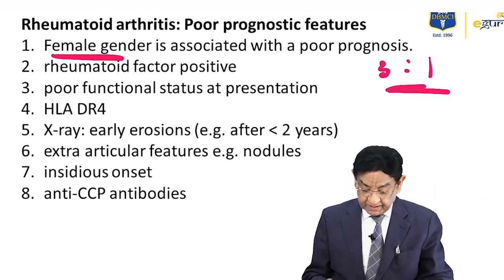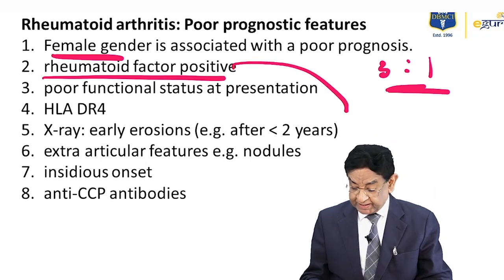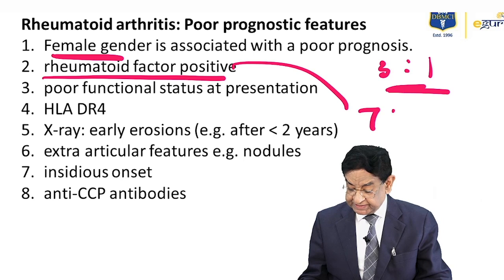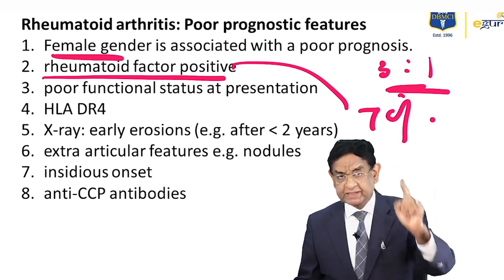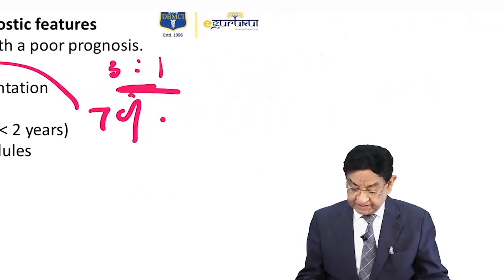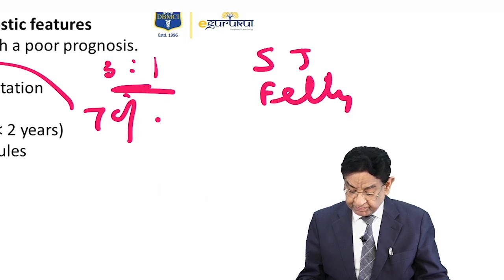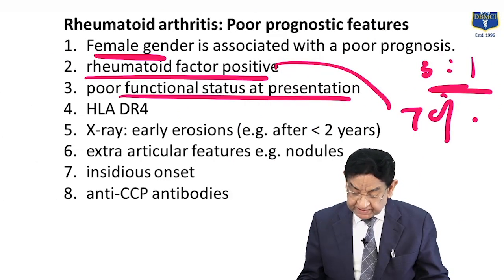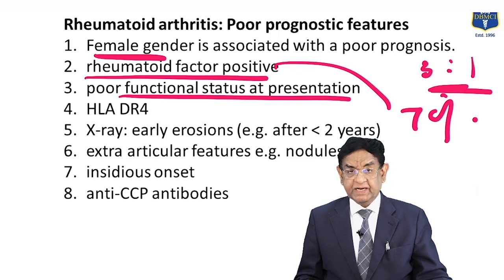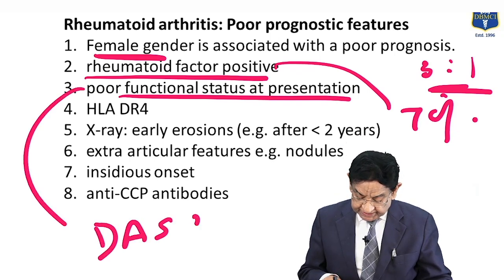Rheumatoid factor positive is again a poor prognostic factor, and remember in rheumatoid arthritis it is there in around 70% of cases. It is not there in 100%. It is 100% in Sjogren syndrome and in Felty syndrome. Then poor functional status at presentation, which we call the DAS 28 score.